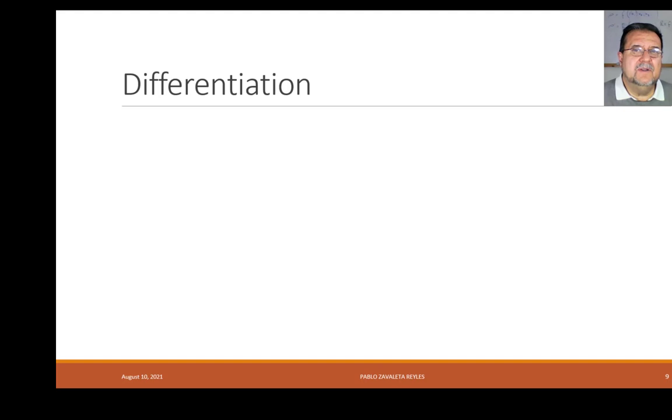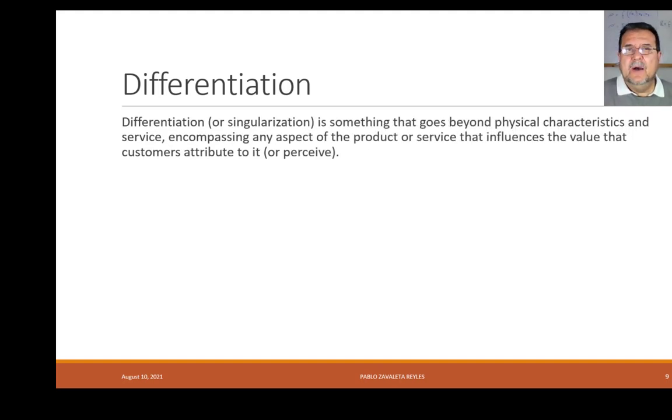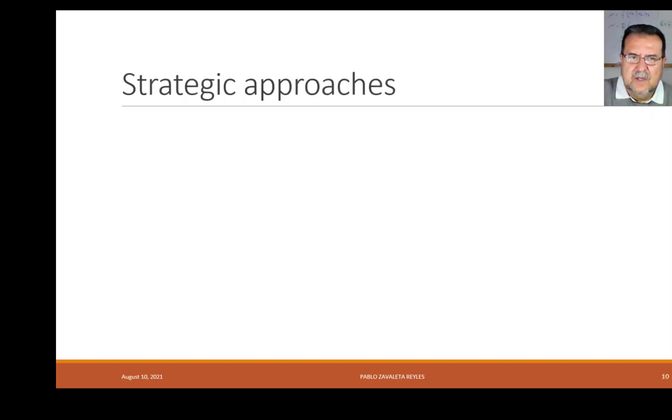And when we're talking about differentiation, we're talking about something that goes beyond the physical characteristics, that allows us to change the value that is perceived by our customers. They perceive that they are getting more out of our product or service.